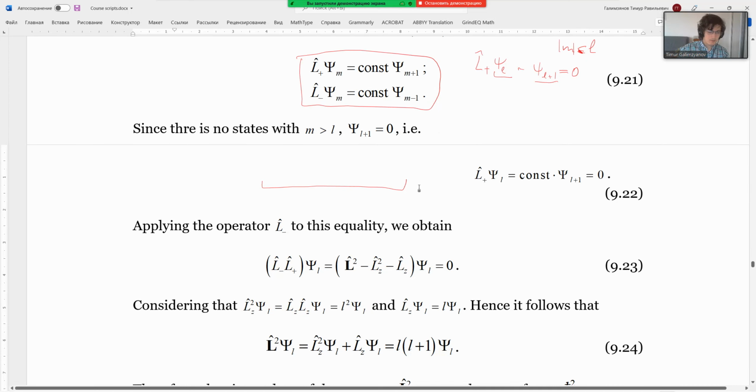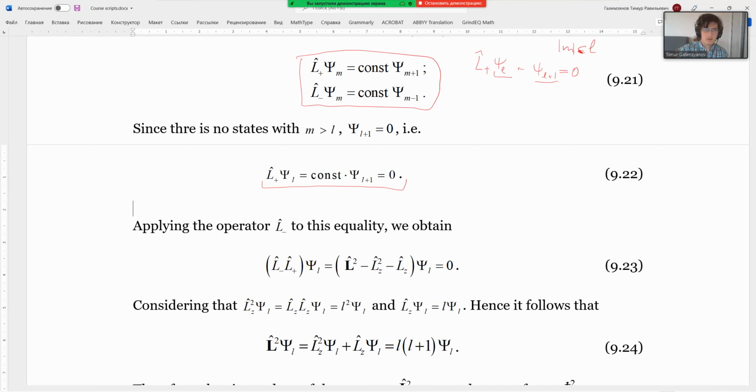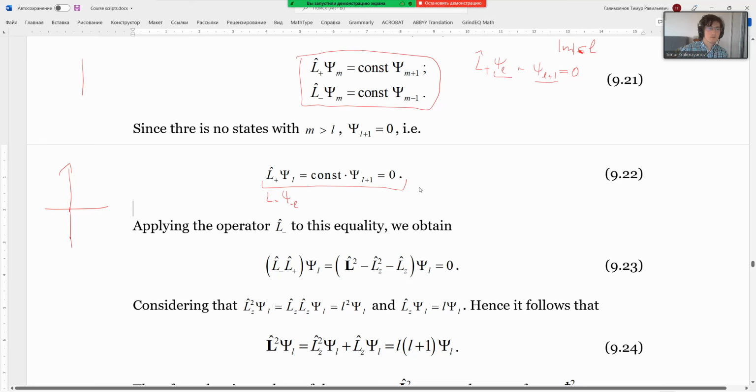In the same way, we understand that L minus acting on psi minus L, which corresponds to the negative projection, to this projection, equals some constant times psi minus L minus 1.